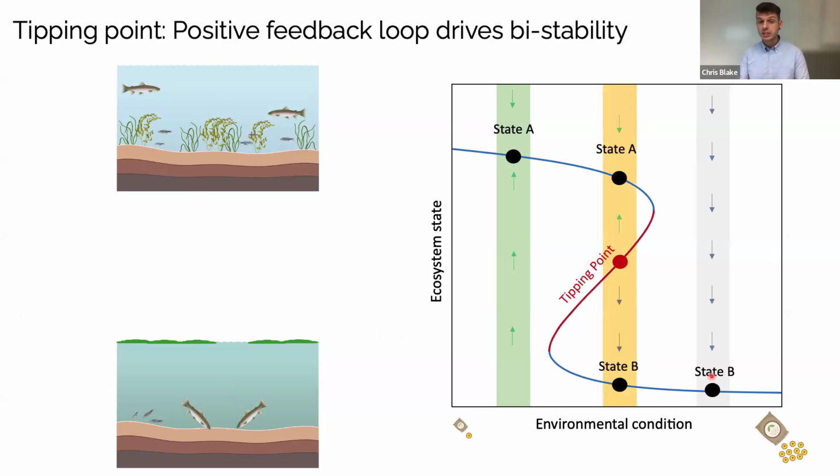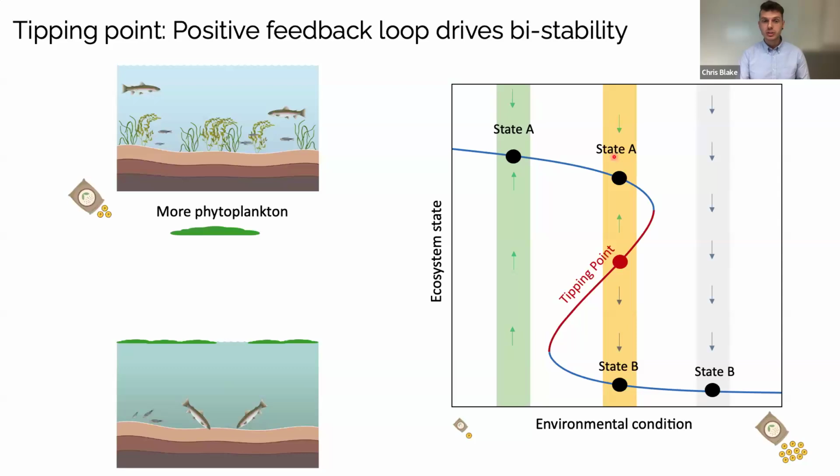Now, where it's getting interesting are the bits in between here, where actually both of these states can be a stable outcome, and where the lake will end up depends on where it's starting. So if we start above our threshold line, that means there are enough macrophytes in the system to keep the phytoplankton in check, and therefore it will always converge on state A, the clear lake.